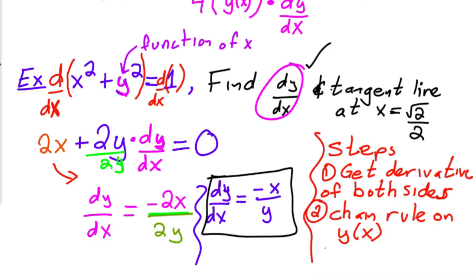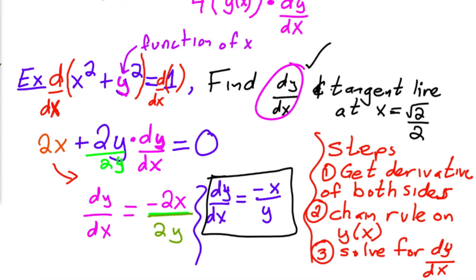And actually, I forgot to write down the third step. Once we did the chain rule, we solved for dy over dx. Just to let you know, there's a shorthand notation for dy over dx.